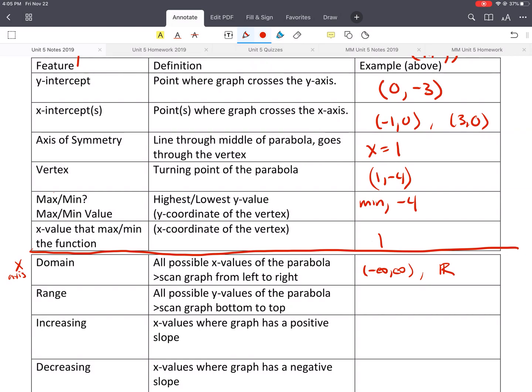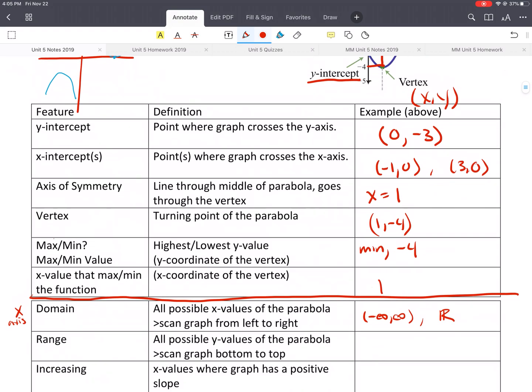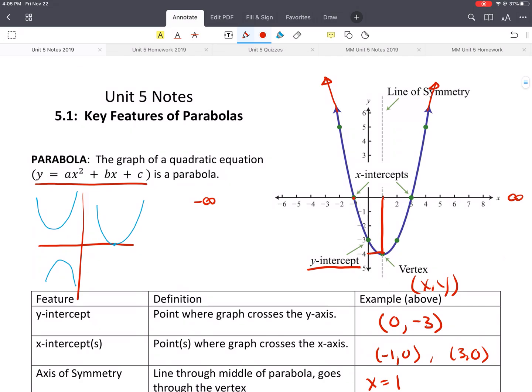Okay. So, and then range is all possible y values. So we scan from the bottom to the top. So it's kind of hard for me to show you when you can't see my hand, but you start at the bottom, okay, keep coming up. This is my hand coming up. When it starts is when the range begins.